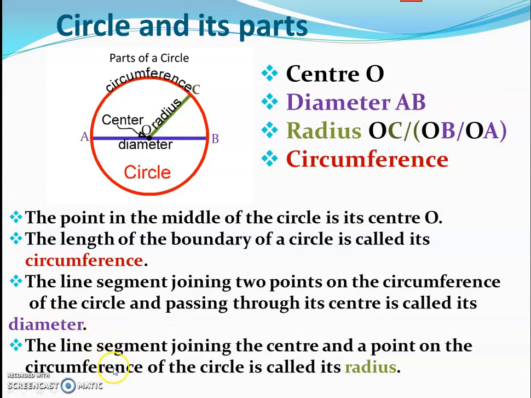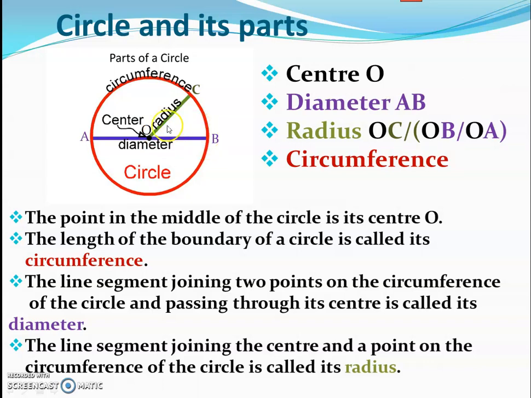Okay. Then the next one is radius. The line segment joining the center and the point on the circumference of the circle is called its radius. So that line will start from the center O, and when it reaches the circumference, from center to the circumference, it is our radius.